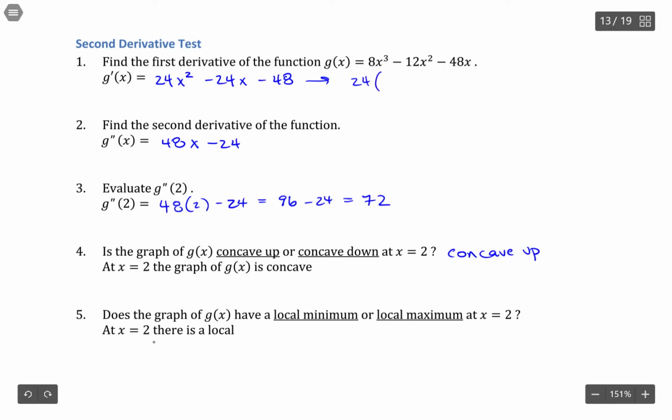Looks like I can pull out a common factor of 24. So that leaves me x squared minus x minus 2. And that would factor into x and x, 2 and 1. So that's a negative and that's a positive. So that means I have the critical numbers of x equals 2 and x equals negative 1.